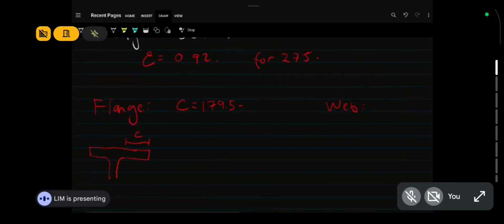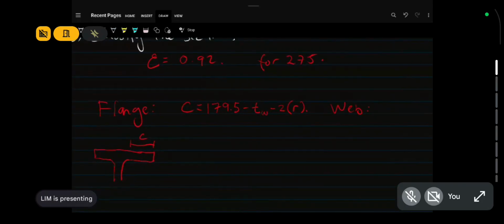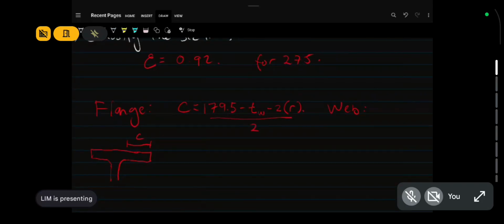So you can see now, C is the total width, you have to take away the web thickness, you have to take away 2 times the root radius, and then you have to divide by 2 to get C. You can do whichever way you want, but it's that length that you want.